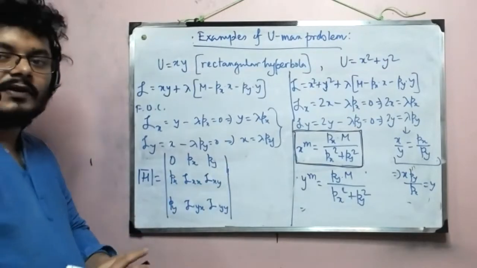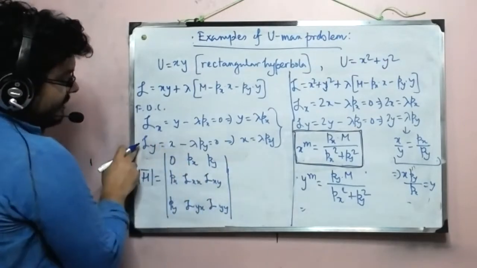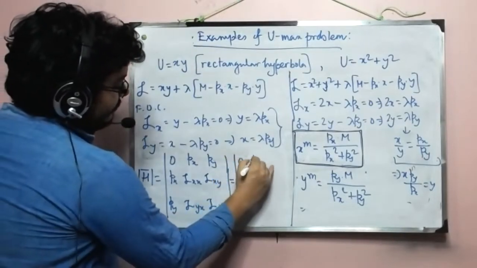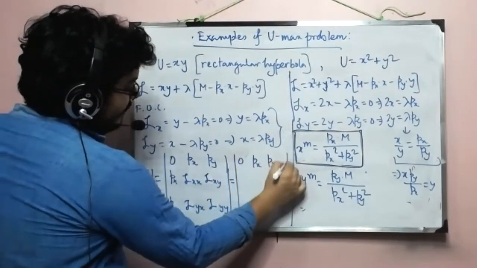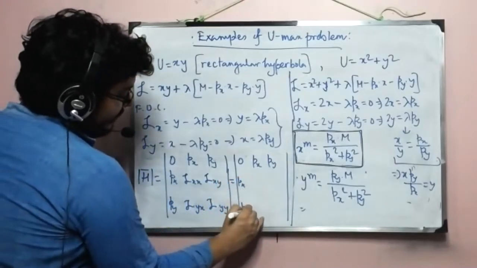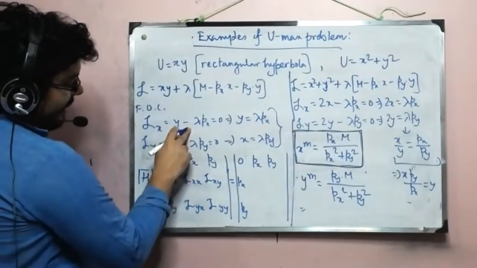Now if I put the appropriate values from these two, then what will happen? So 0, px, py, and then obviously this will also be px, py. So lxx, what will that be? That will be 0.